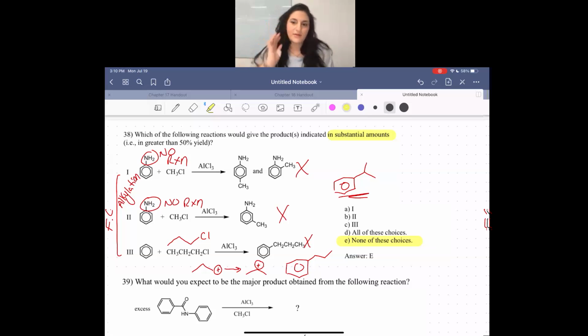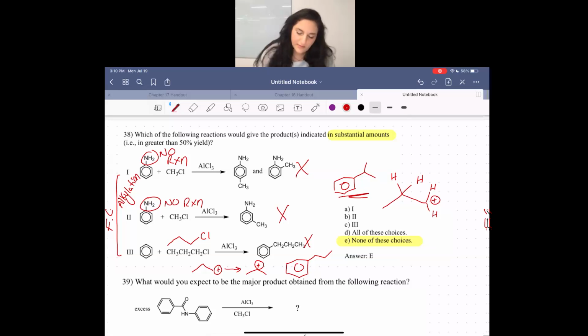Okay, so someone asked, how do I move the charge? So we had the plus here, which means we only have 2 hydrogens, and we have 2 here. So what we're going to do is take one of these hydrogens and move it there. So you end up with H, H, H, and a plus charge.